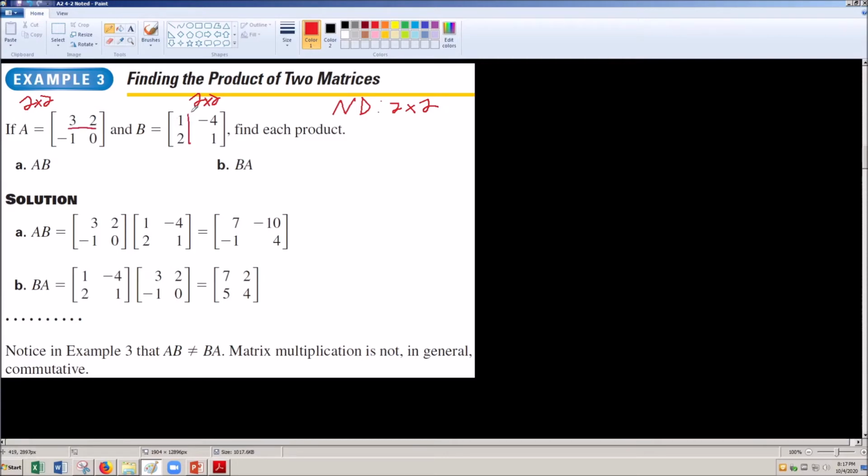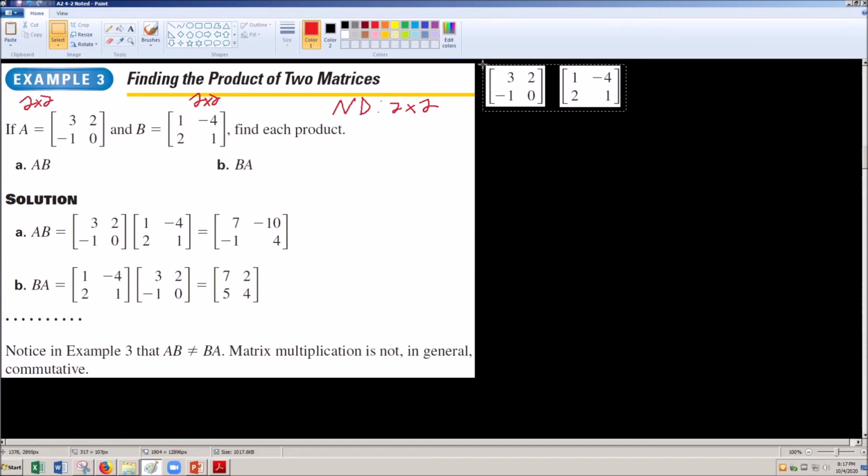And actually what I'm going to do, before I even do that, is I'm going to grab these using my clever Microsoft Paint skills here, and I'm going to throw them over here.